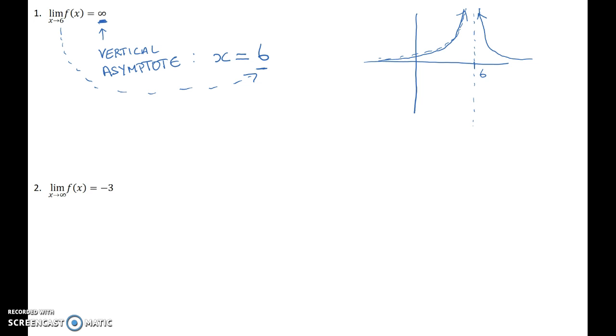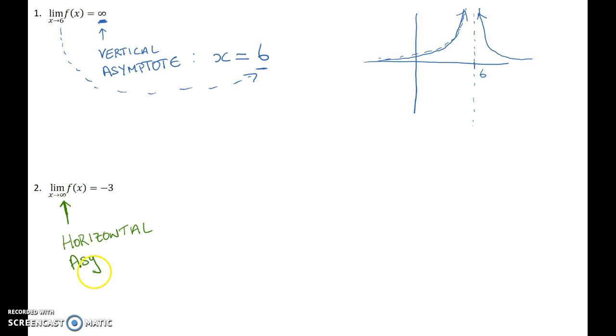Here the infinity is part of the limit statement. The infinity is down there. Now, when you see the infinity down there, that indicates that you're dealing with a horizontal asymptote. It could be infinity or it could be negative infinity. In number 1 as well, it could have been negative infinity.